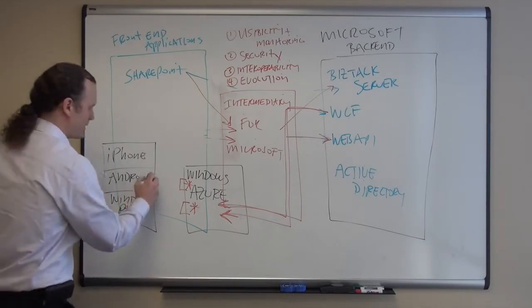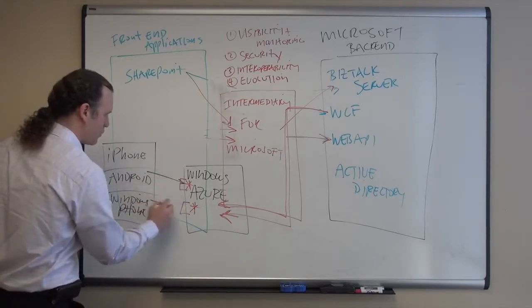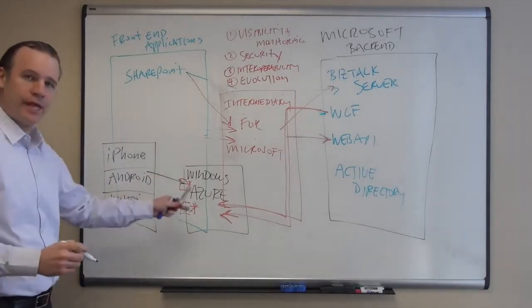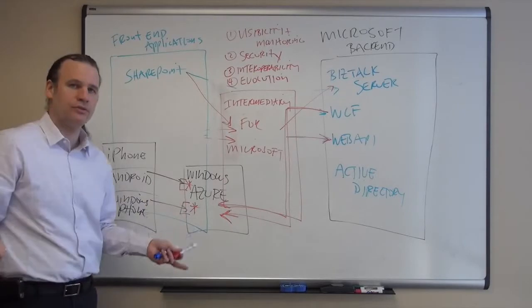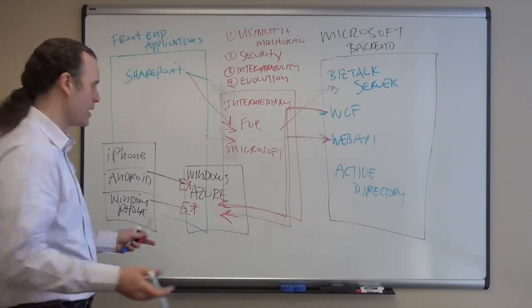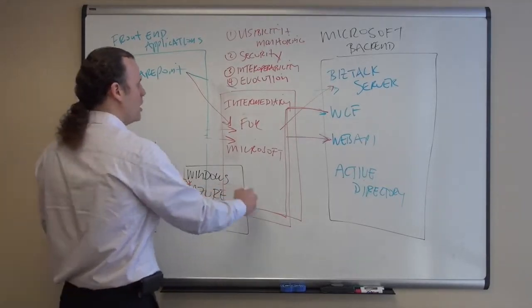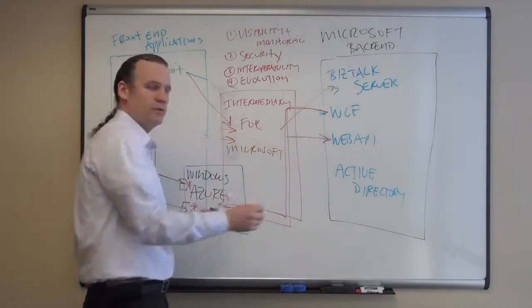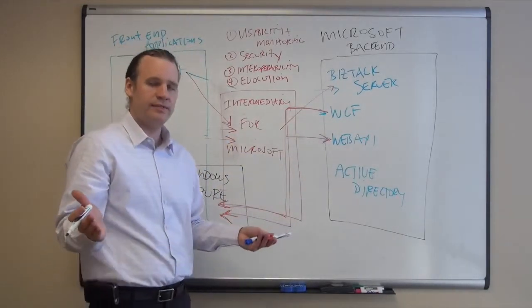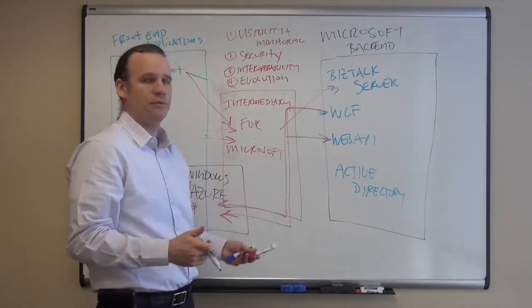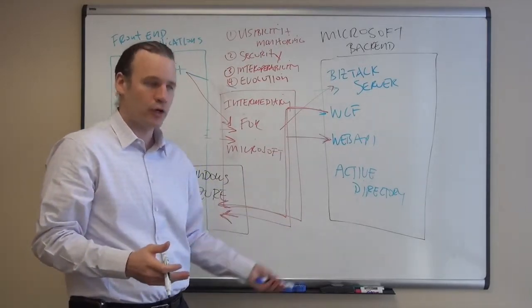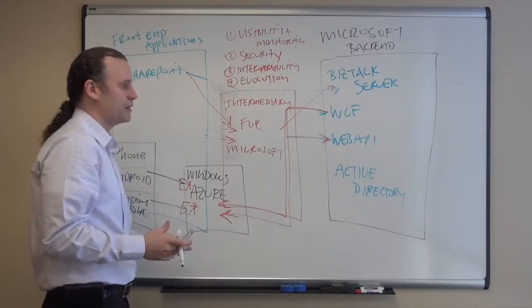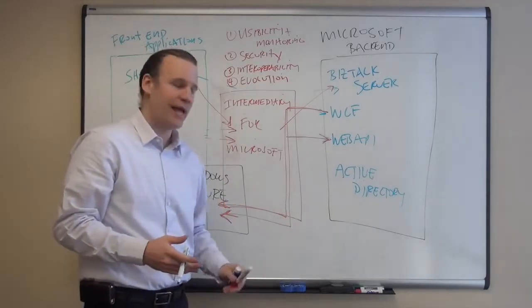And they can now access these APIs as if they were running out on the cloud. And every invocation from iPhone, for example, to do a customer lookup or to order a new product is going to go through Windows Azure, through Intermediary from Microsoft, and then to your backend. The backend is going to communicate using all of today's standards that it's using today. It's using perhaps WCF, Web API, Kerberos, Windows Security, Active Directory, and so on. So it doesn't have to change at all.